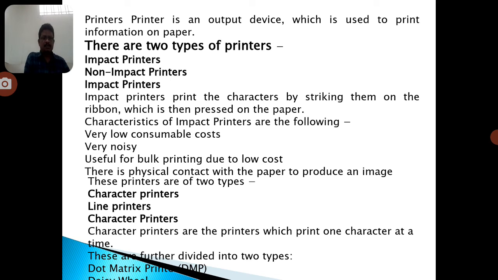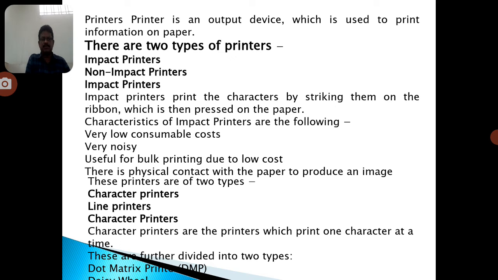The impact printers print characters by striking them on the ribbon, which is then pressed onto the paper. That means it is a character printer.